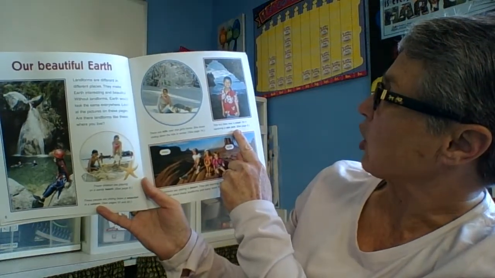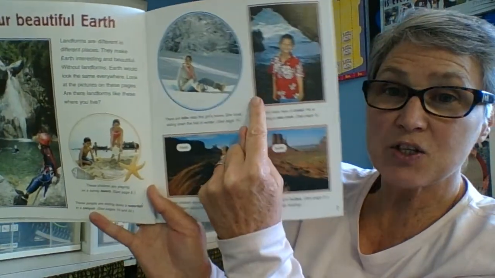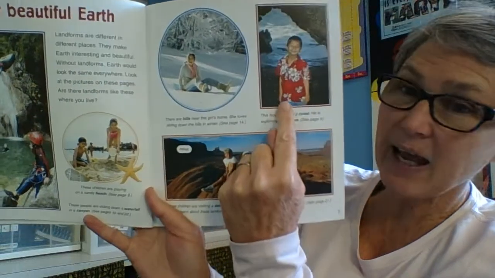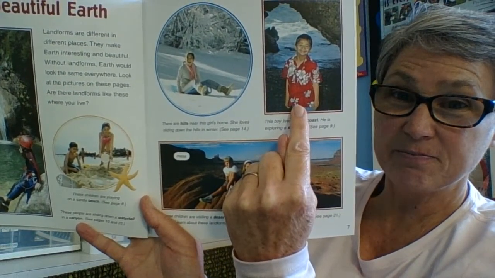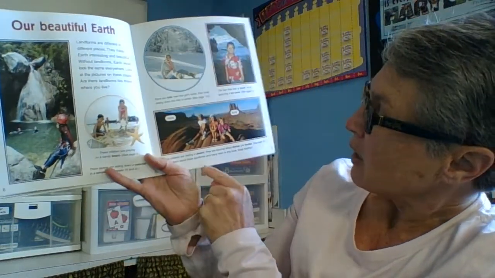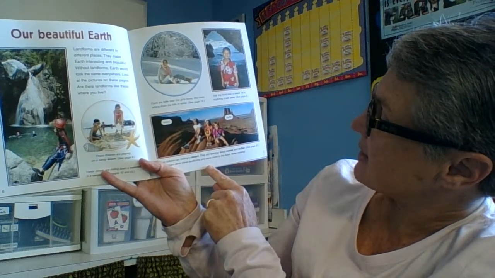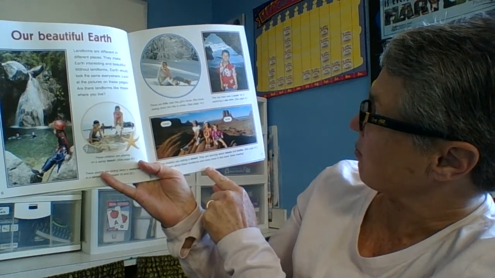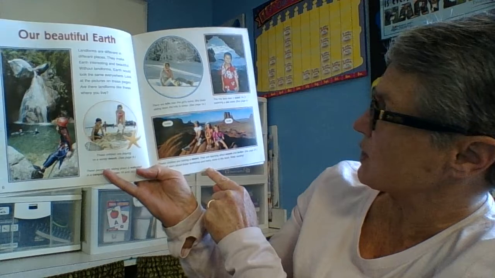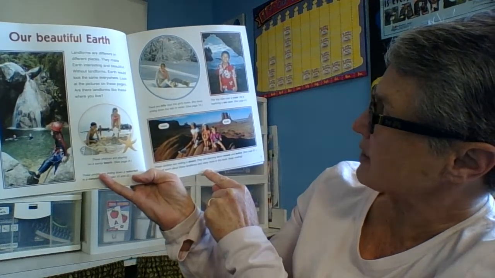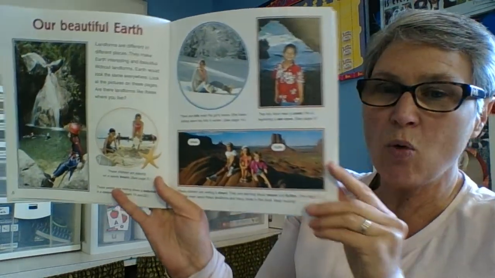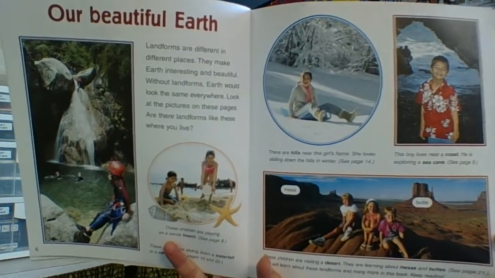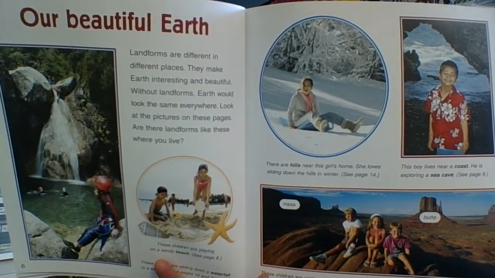This boy lives near a coast. He is exploring a cave. These children are visiting a desert. They are learning about mesas and buttes. You will learn about these landforms and many more in this book, so just keep reading.